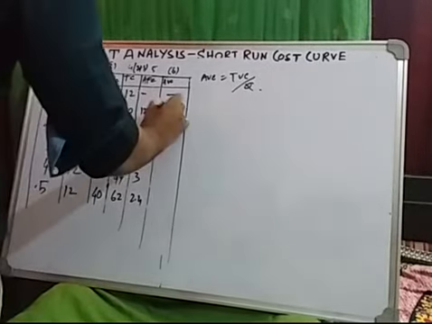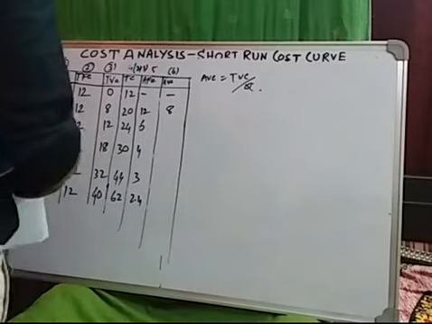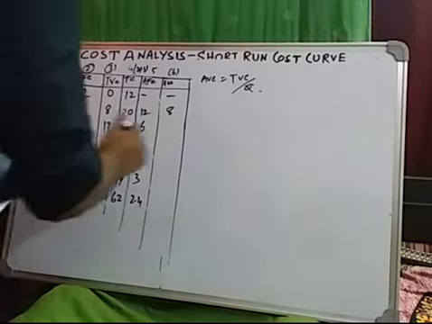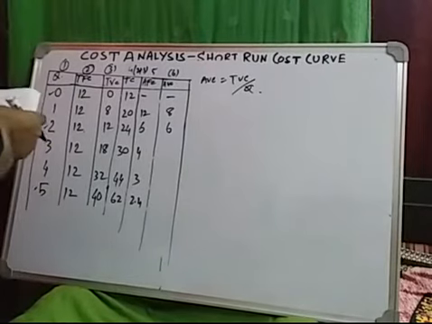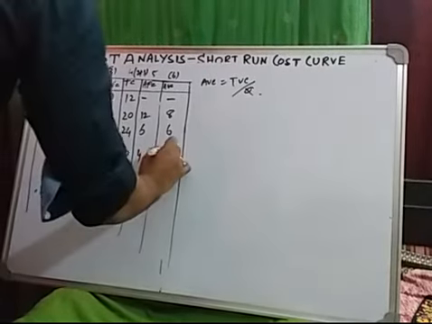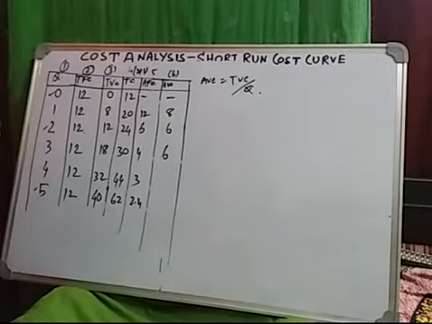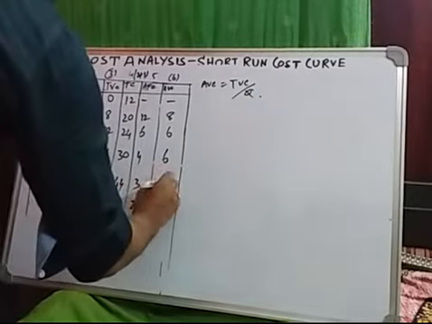Then 8 by 1 is equal to 8. Then 12 by 2 is equal to 6. Then again 18 by 3 is equal to 6. Then 32 by 4 is equal to 8.